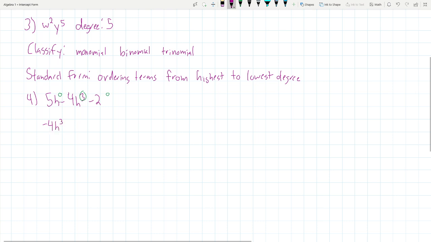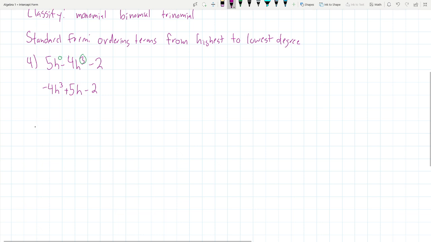Then I look through and say, this one has an h, so I change that to plus 5h. And this 2 actually has an h to the 0, we just never talk about it. And so at the very end is our negative 2.